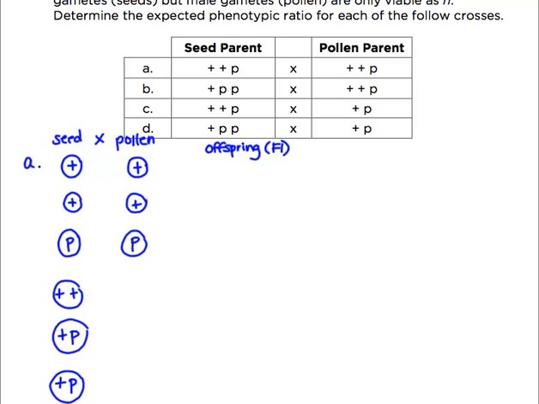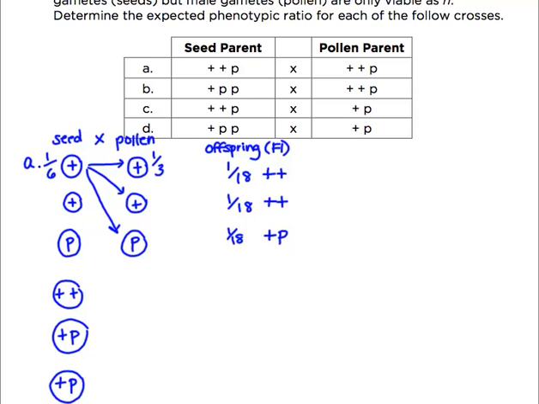So we'll cross this first plus gamete with these 3, and then we'll do the same for the others. So the offspring, remember that each of these is a 1/6 chance of happening, and this is a 1/3 chance of happening. So you get a 1 out of 18 chance of getting this first plus, 1/18th chance of getting another plus, 1/18 chance of getting plus P.